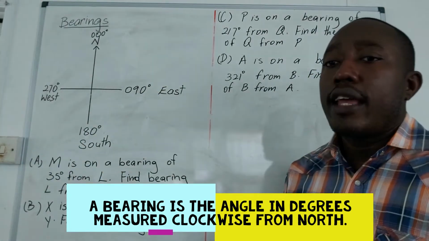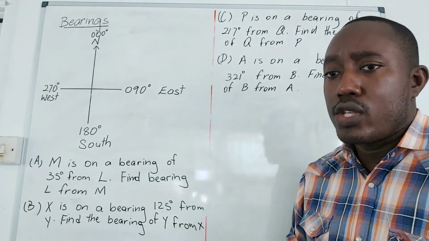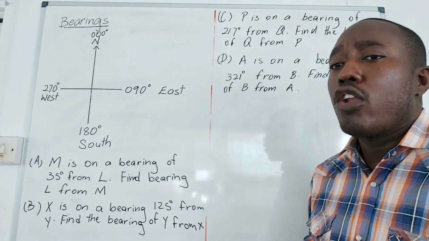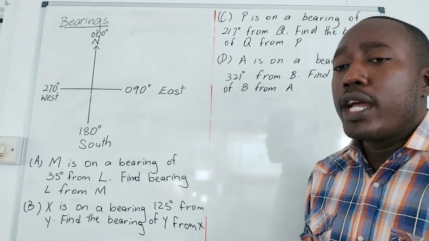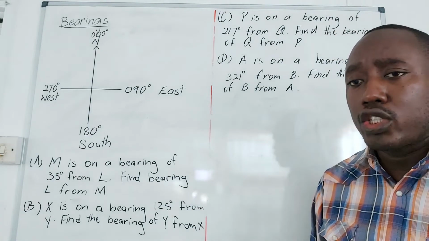So the north line is represented by 000. And we measure from that north line in a clockwise direction.